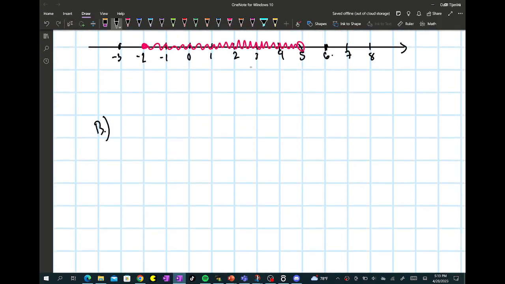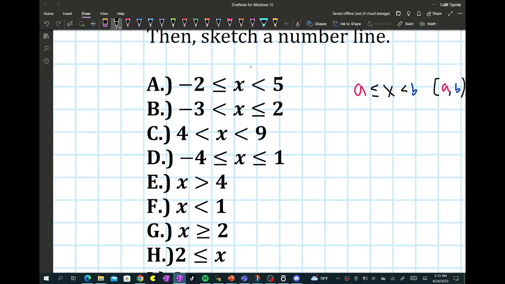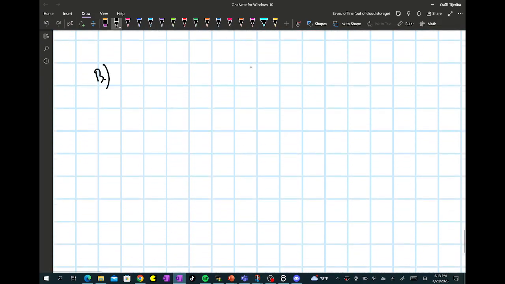Now part B says the following: -3 less than x less than or equal to 2.